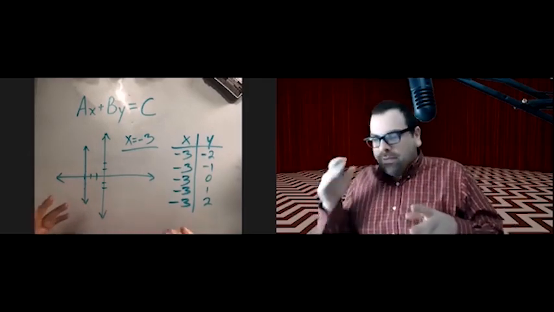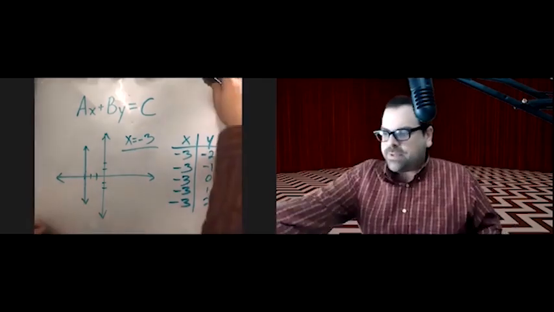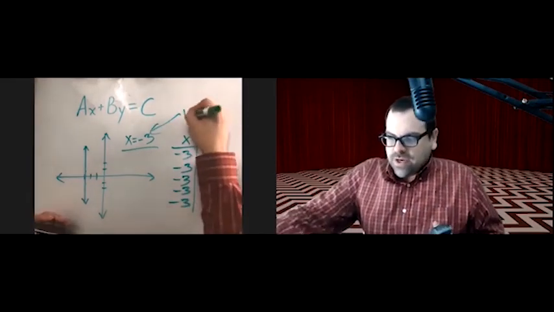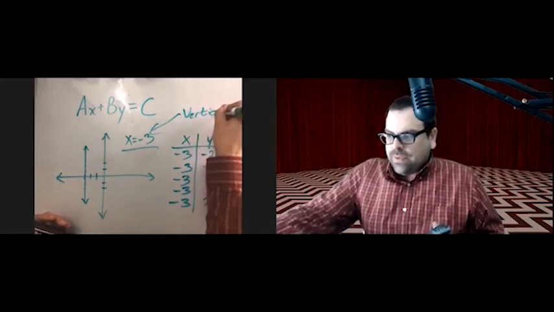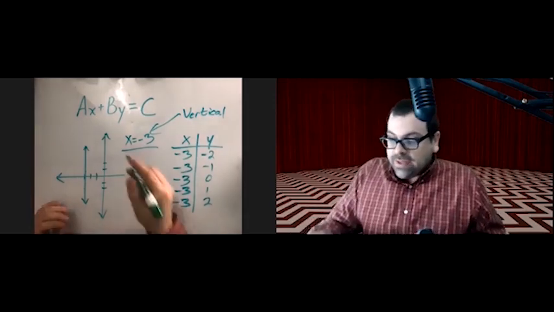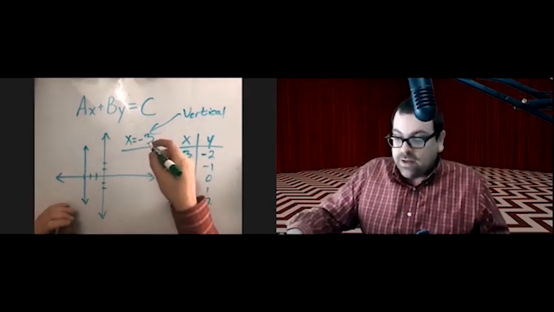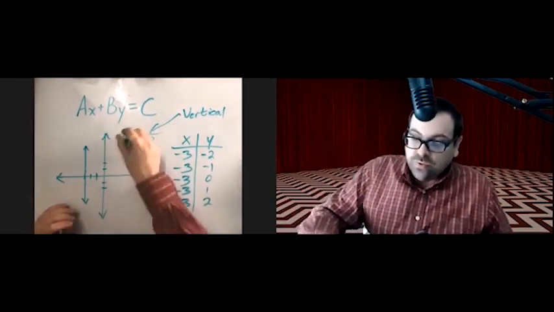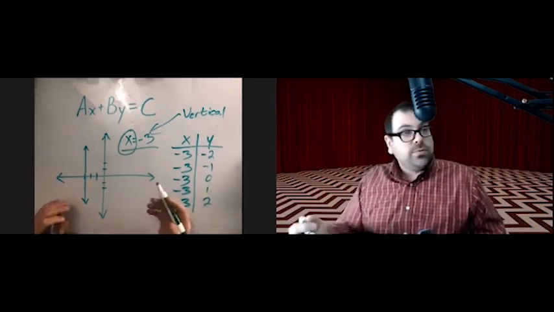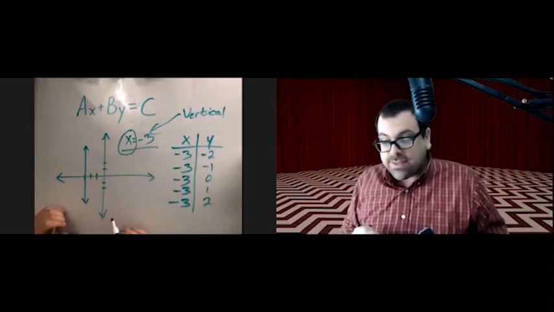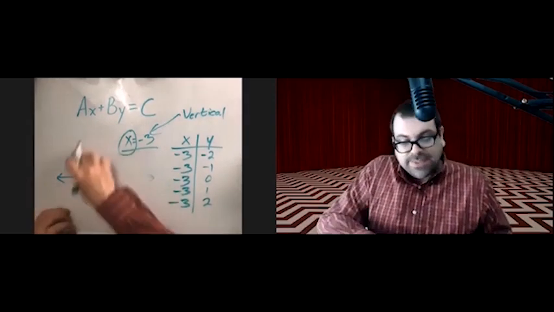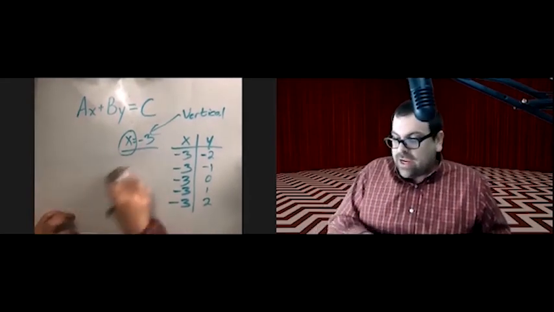So one way I like to keep straight which one's horizontal and which one, x equals a number, is vertical is that I like to remember that x equals negative 3 passes through the x-axis. y equals 2 passes through the y-axis. So if I see x equals a number and I'm asked, is that a horizontal or a vertical line?